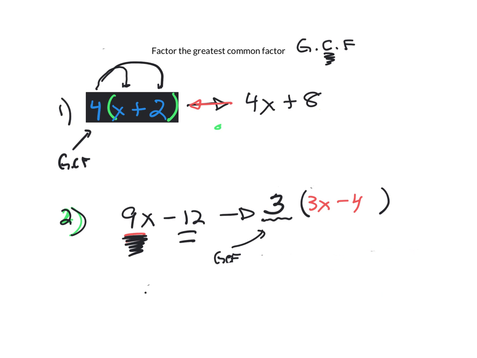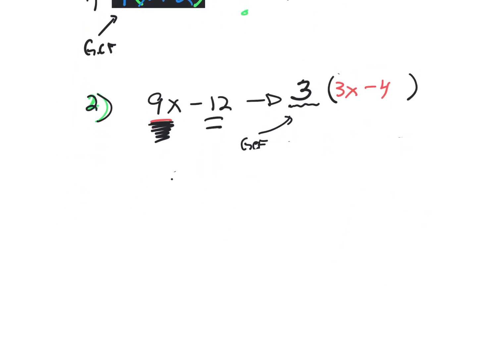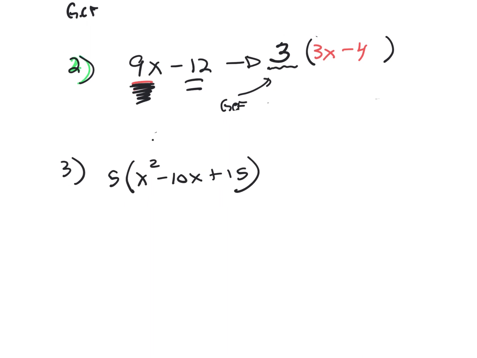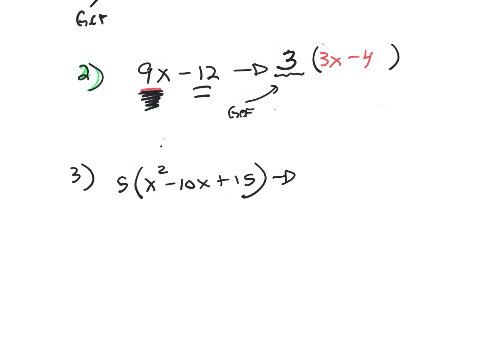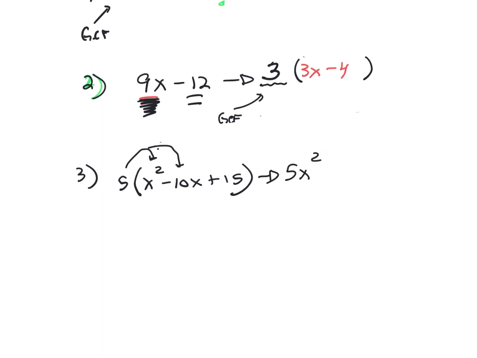So let's try another one of those, going backwards. So here we have 5x squared minus 10x plus 15. When we multiplied this, didn't we multiply 5 times x squared and we got 5x squared? And then didn't we multiply 5 times negative 10x?